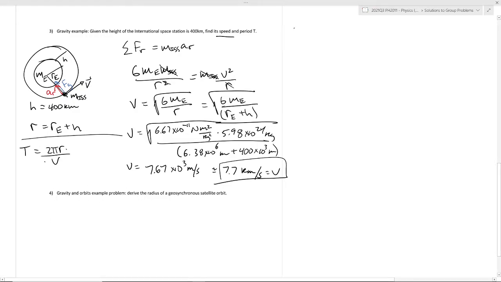So I'm kind of out of room right here. Let me write it over here. So the period will be the circumference over the speed. And so for us, this will be 2 pi times the radius of the Earth plus the height, 403. And that's all going to be divided by the speed.